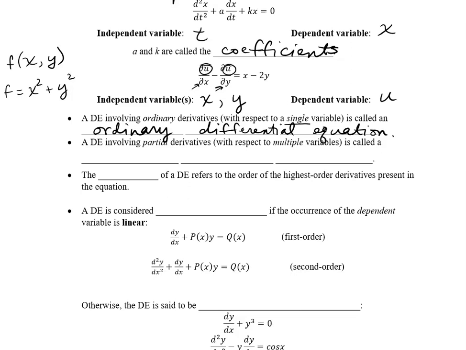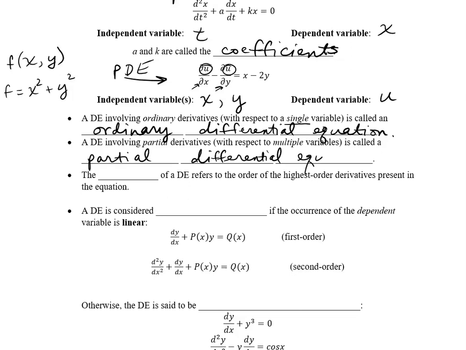We haven't taken Calc 3 yet, and so we're not going to do a whole lot with partial differential equations or partial derivatives, but there are some situations where you may see an equation involving a partial derivative. So I want you to be familiar with the term. And that's actually what you saw here. This is called a partial differential equation. So a differential equation involving partial derivatives is called a partial differential equation.